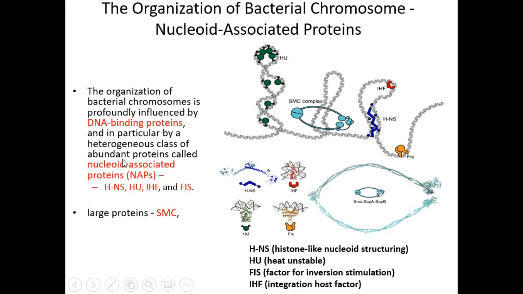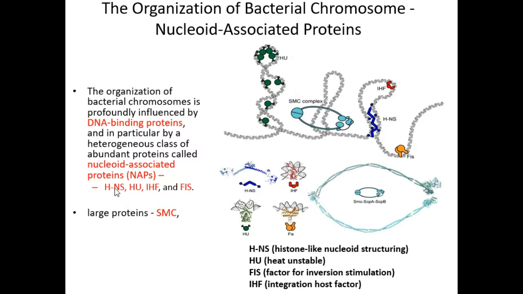And for this NAP, we have four different proteins that are involved in wrapping, bending, or bridging the DNA, all right? So the H-NS, that's the histone-like nucleoid structuring protein. It's a small protein.